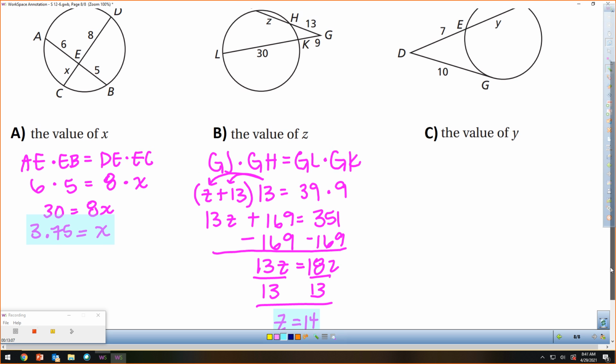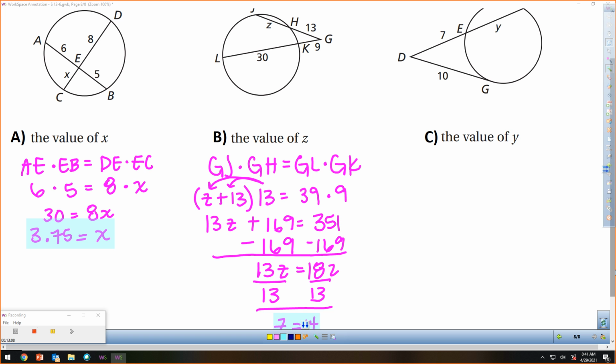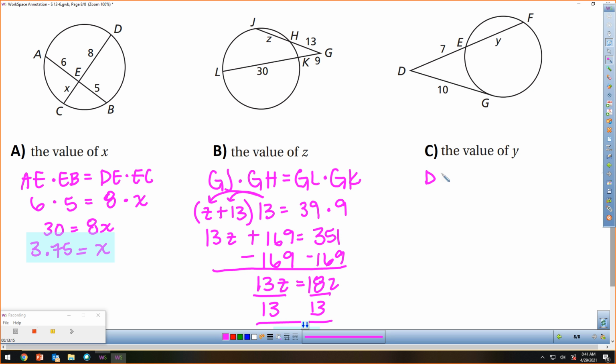Alright, for the last one, who wants to help me with the last one? Go ahead, Janessa. How did you set it up with the letters? Okay, hold on. DF times DE equals DG squared. Okay? So DF is? Good. And DE is? And that's equal to? Good.